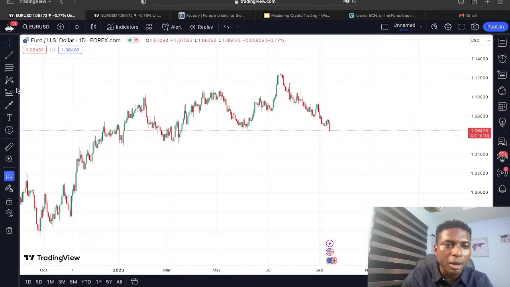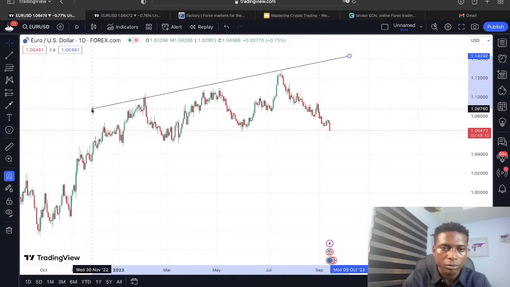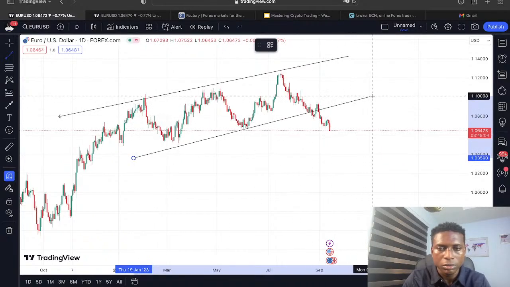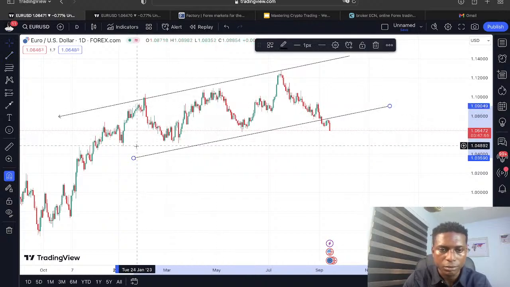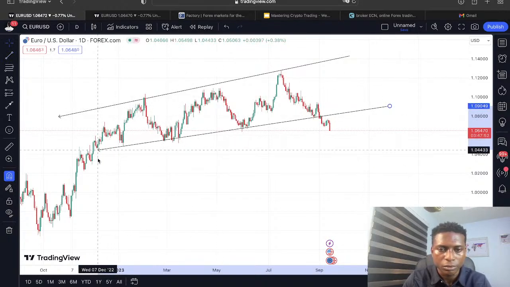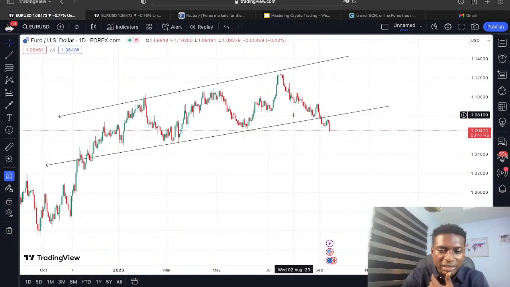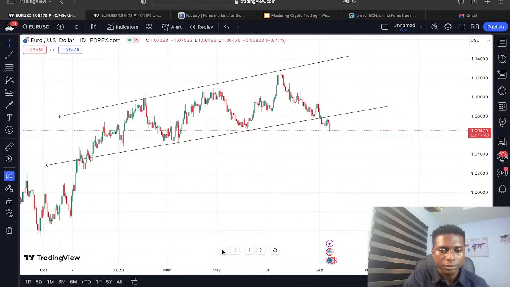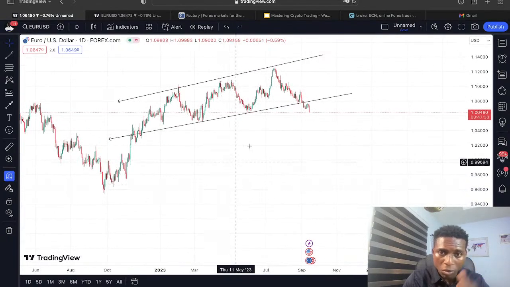On the daily time frame now, we can see a trend line here, and we can see that Euro USD has broken out of this trend line.